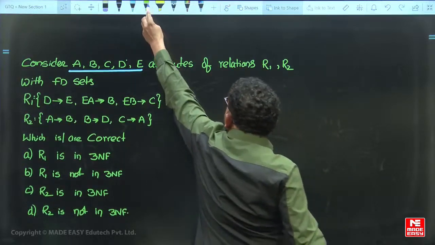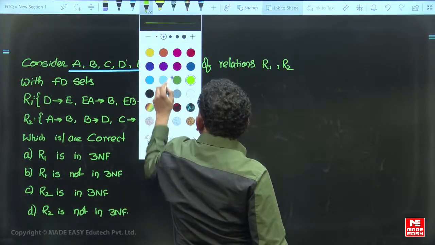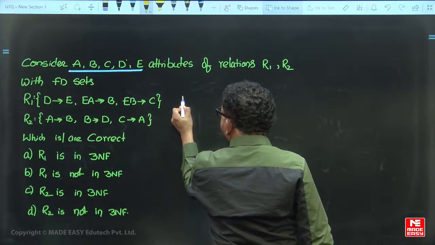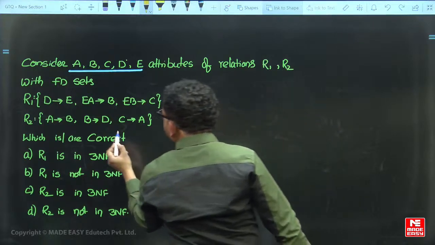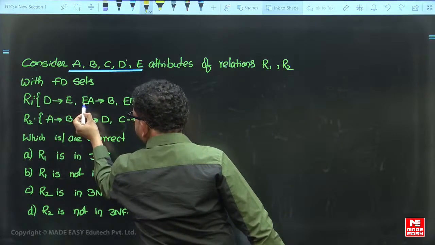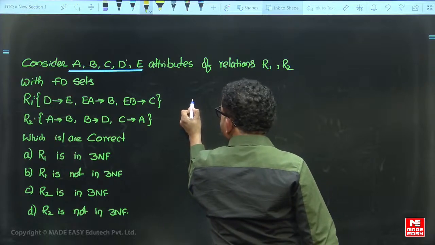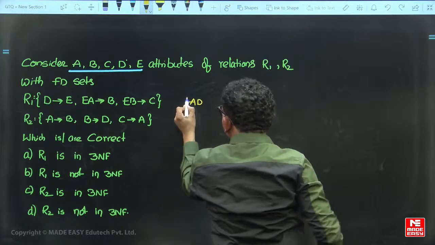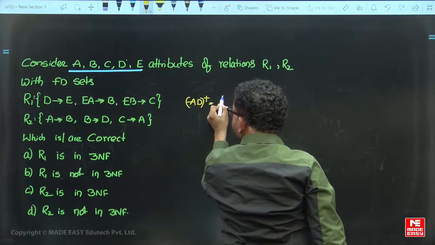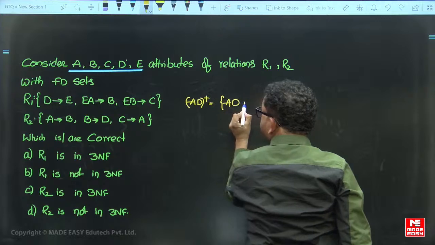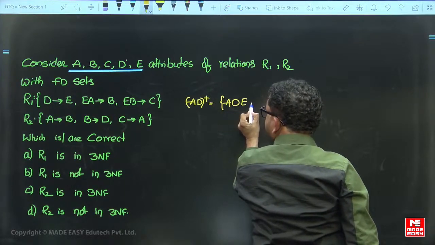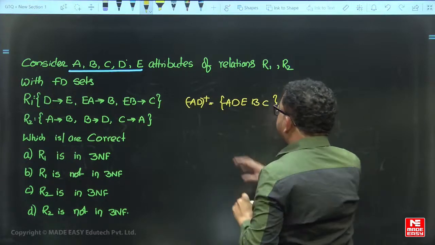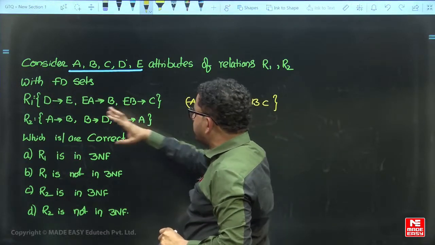Just find the candidate keys. See, D determines E and EA determines B. If you take the AD closure, AD determines AD, E; AE determines B and EB determines C. So AD closure determines all attributes, while A closure and D closure do not determine all attributes.